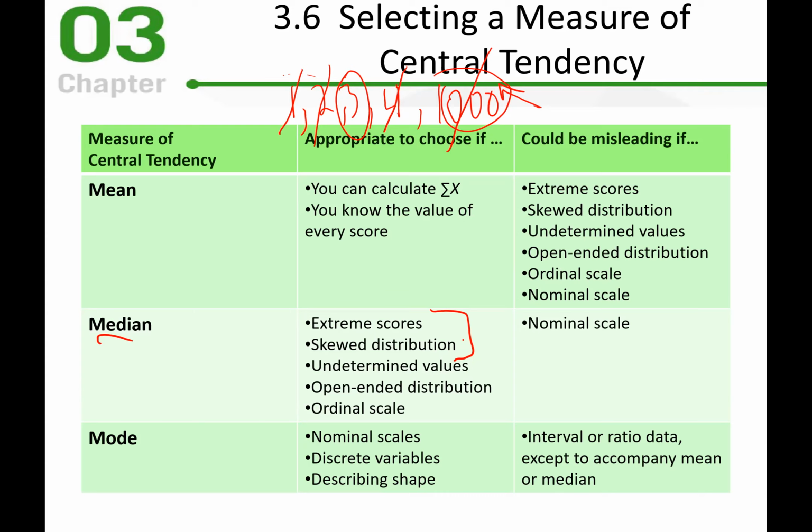It's also appropriate to use the median if you have an ordinal scale, because the ordinal scale ranks categories. But it's going to be misleading to try to get a median for a nominal scale, because those are just categories.